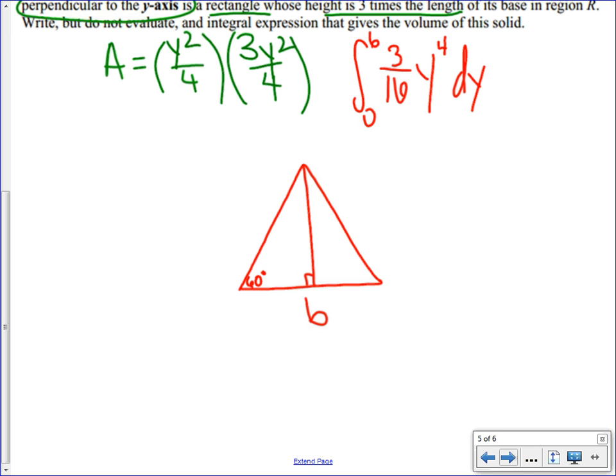So since all of this is base, in this right triangle, this is 1/2 base, which means to go from my short leg to my long leg, we multiply by radical 3. So if you have an equilateral triangle, that little tidbit of geometry may be helpful.